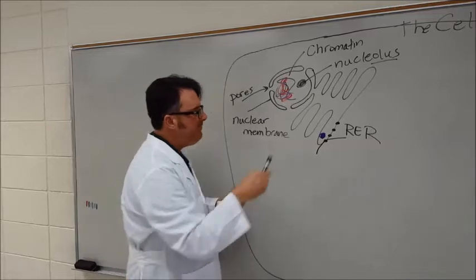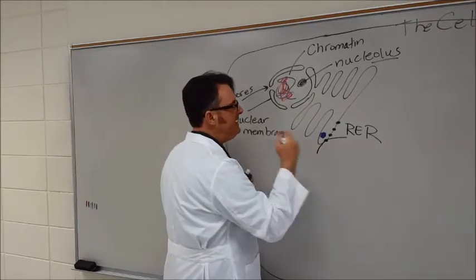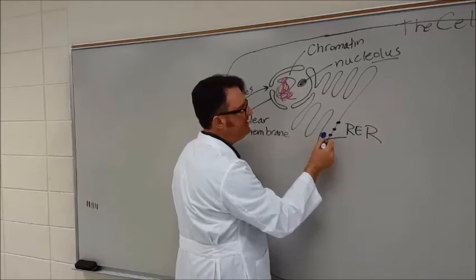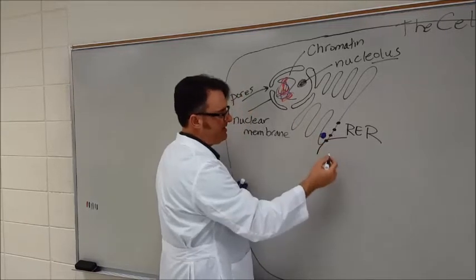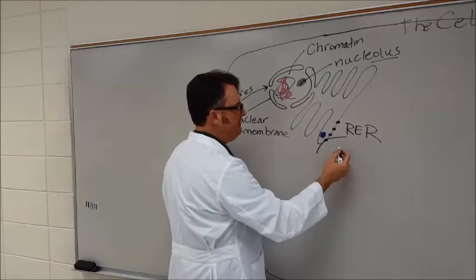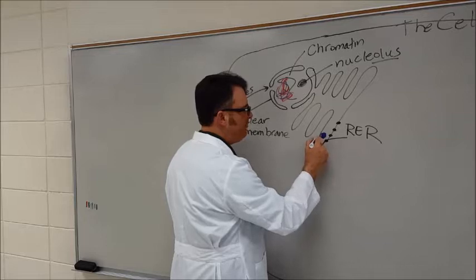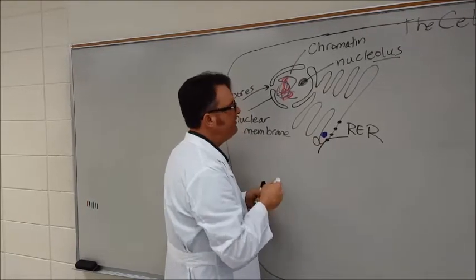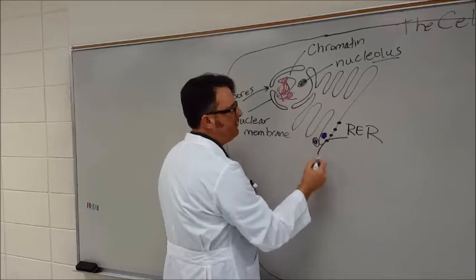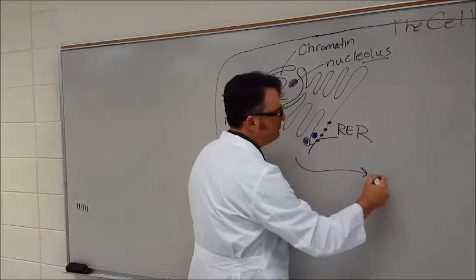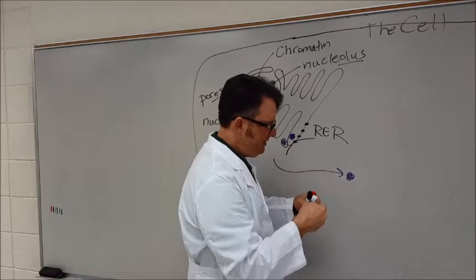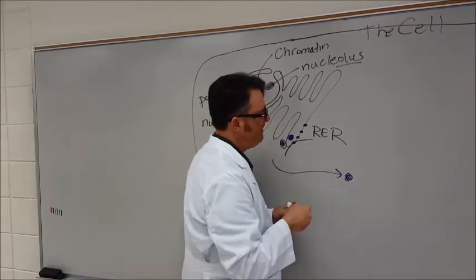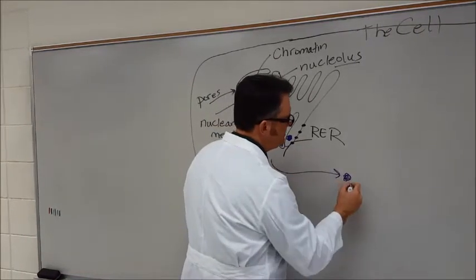And then what can happen in a really interesting way is this formed protein, from the process of translation, by the way, can bud out and then leave in a vesicle to go over to the Golgi apparatus, where final packaging occurs.